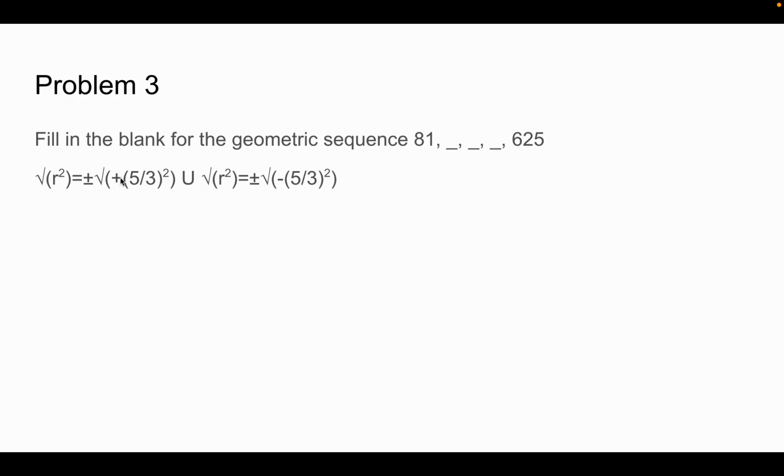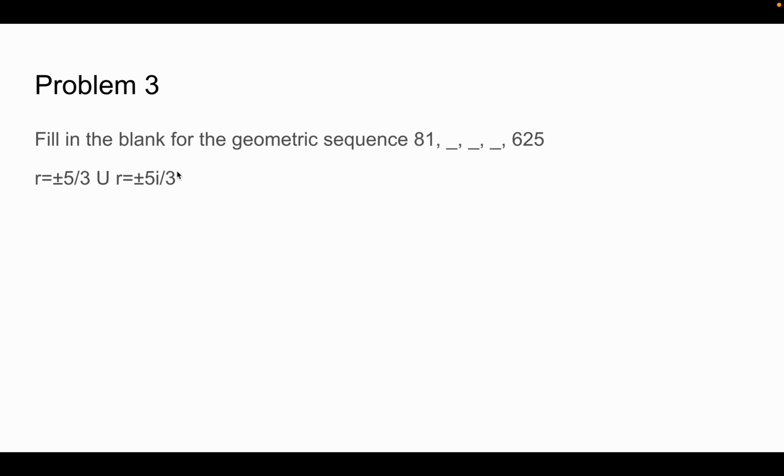So here it's positive and here it's negative. When we take the square root of that, we have r can be plus minus 5 over 3, or r can be plus minus 5i over 3.